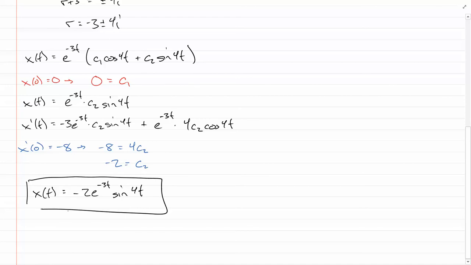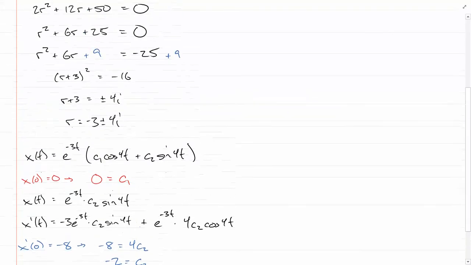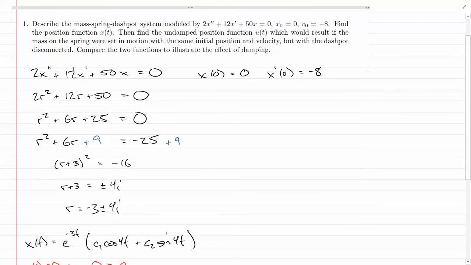We're also supposed to do this with the same setup but disconnecting the dash pot. If I disconnect the dash pot, that's getting rid of this middle term here. So let's do that over here.